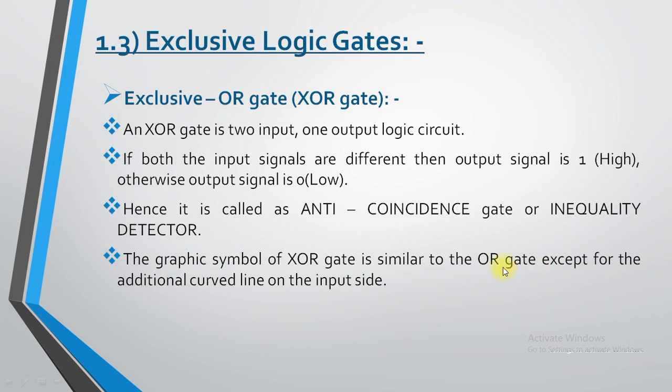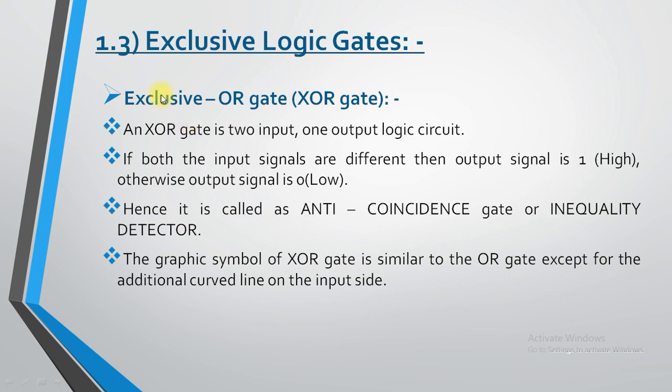So OR gate, except for the additional curved line on the input side, we have made one additional curved line before the input variables. Let me repeat this point once again.